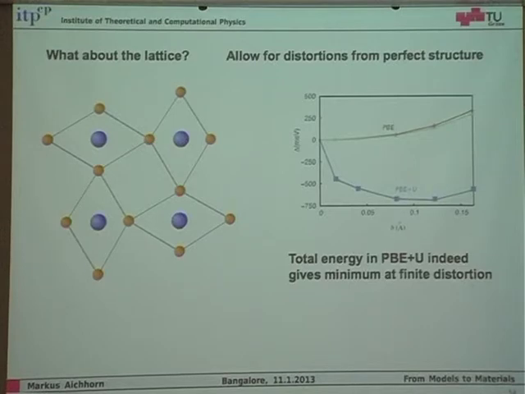If you have rotated distortions, yes. The reason why we use this is that it's simpler. So we wanted to make a proof of the argument, so to say, that distortions might drive this thing insulating. Of course, rotations of the octahedron might be the more natural choice, but then things get more complicated. So it was a technical reason.